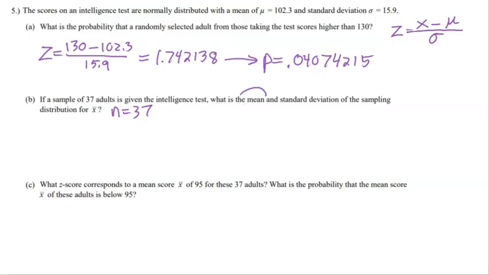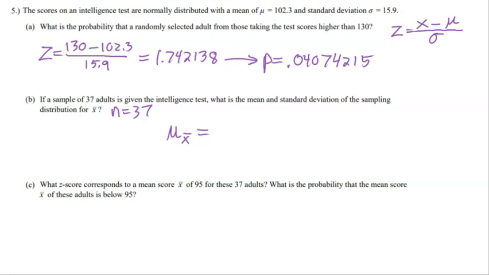And we know that the mean of the sampling distribution is always equal to the mean of the population. So one way we can say this is the mean of all of the X bars. This is how we write the mean of the sampling distribution.